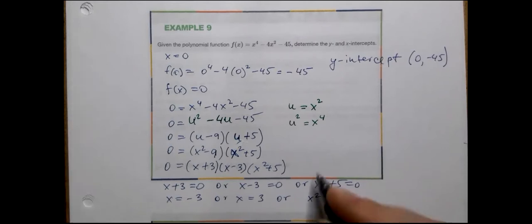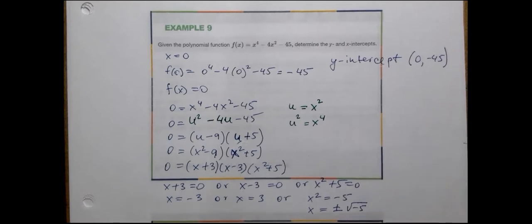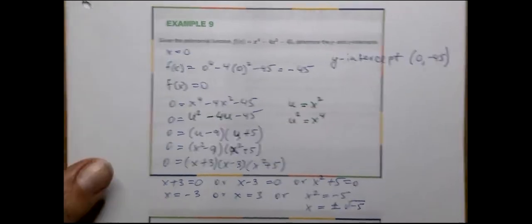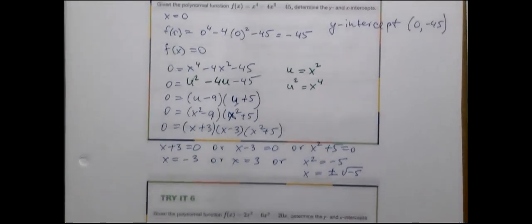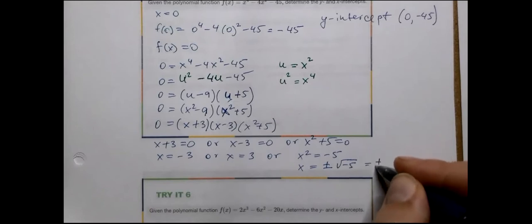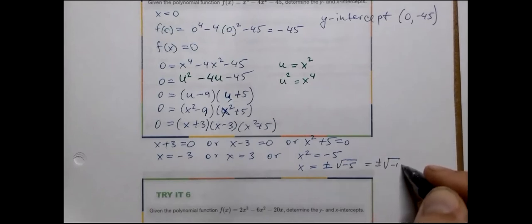So for x, it should be positive or negative square root of -5. But what's the square root of -5? This is going to be an imaginary number, plus or minus root of -1 times 5.